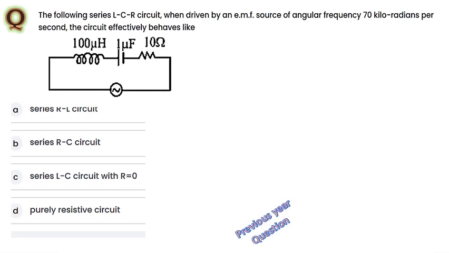In that case I just mention inductive reactance. Inductive reactance you can mention as XL, and XL is equal to L omega. This L value here is 100.